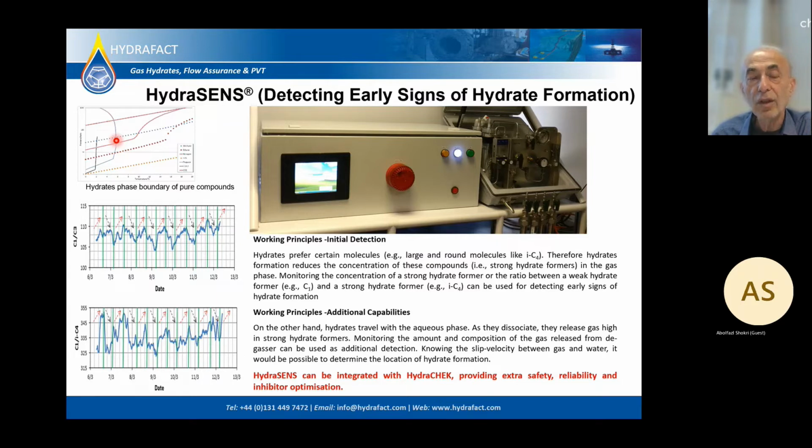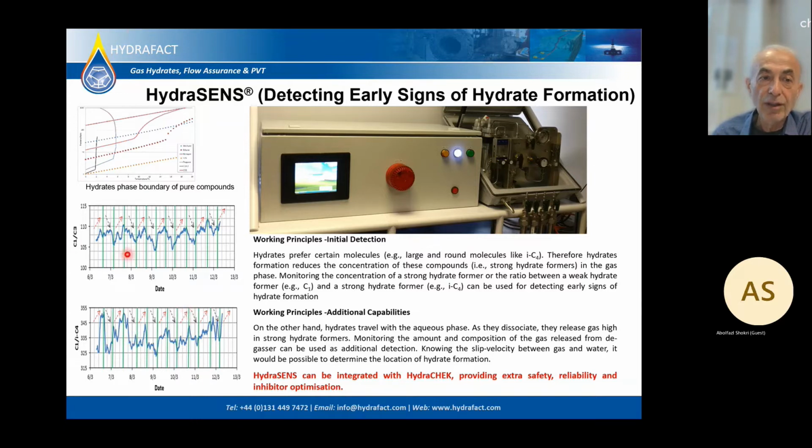So first, if you sample the gas phase, you see a reduction in IC4 and propane compared to methane. So you have more methane than the original gas. To magnify this, we can look at the ratio.